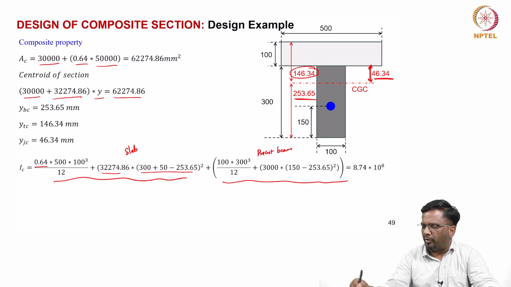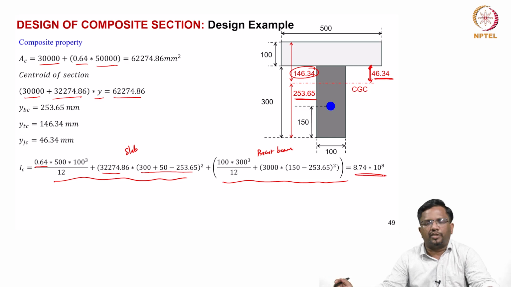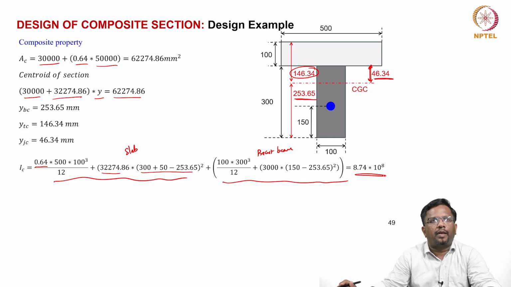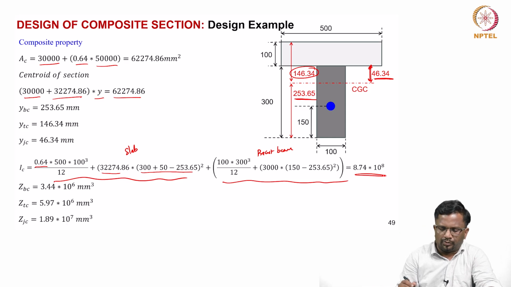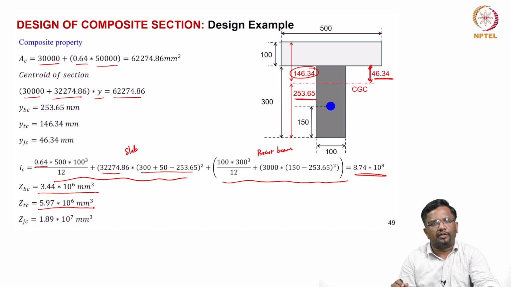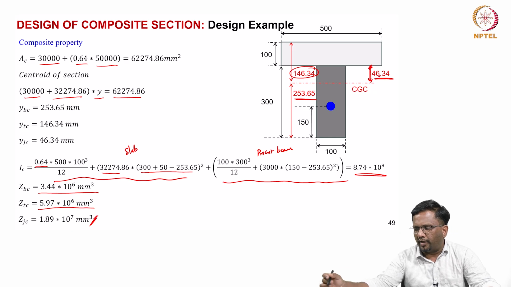So when you add them up, you get your total moment of inertia as 8.74 into 10 to the power of 8. Right. So once you do that, the section modulus at different locations. For the bottom fiber, it is 3.44. For the top fiber, it is 5.97. And the section modulus at the junction of the slab and the beam is 1.89 into 10 to the power of 7, because the Y here is 46.34, lower value.